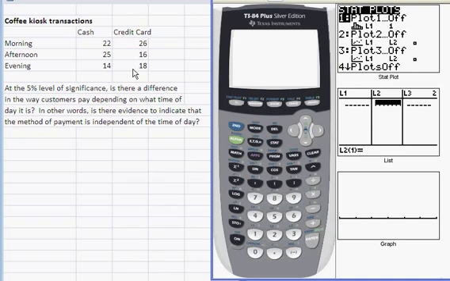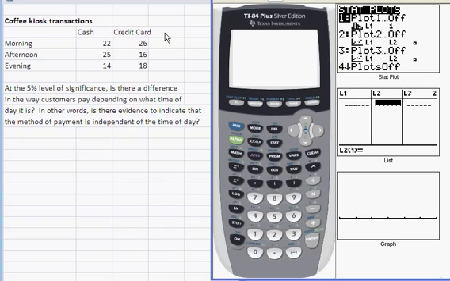And the question is, at the 5% level of significance, is there a difference in the way customers pay depending on what time of day it is? In other words, is there evidence to indicate that the method of payment is independent of the time of day? Are people more likely to use credit cards at one time of the day, such as in the afternoon, than at other times of the day? That's what we're going to test.